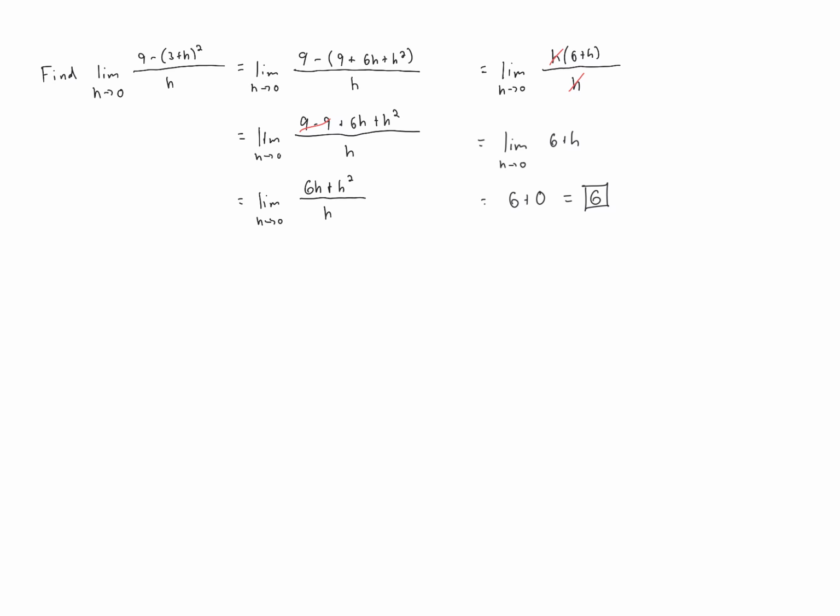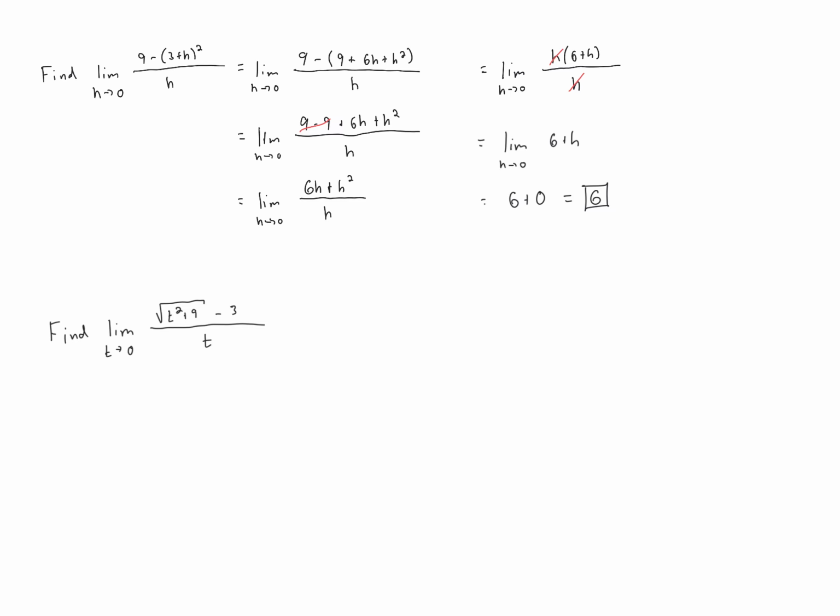I want to show you a little bit of a variety of some of the different problems we can look at. Here we have the limit as t approaches 0 of the square root of t squared plus 9 minus 3, all over t. Now this is a more complicated one. This one is not a rational function. We've got that square root in the numerator.